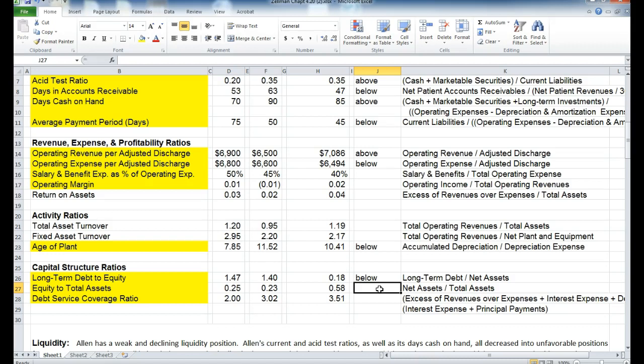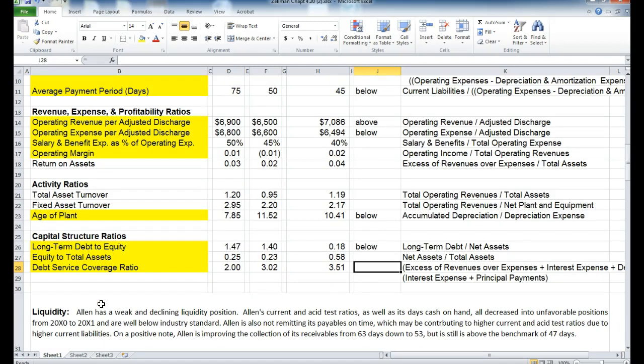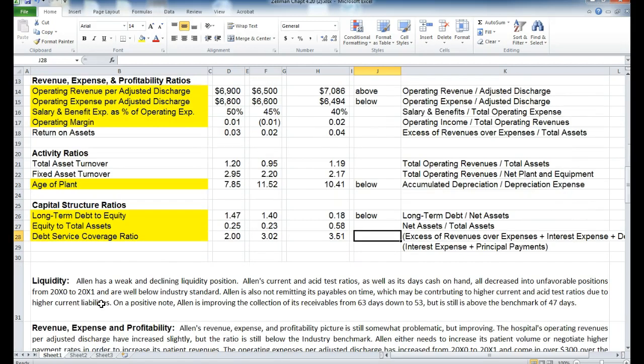And here we can see we are below. And here our debt service coverage ratio, we want to be above. And again, we are below. So related to whether we have the potential to borrow money, I would say they do not, because their capital structure ratios are opposite of the benchmark and trending even worse in most cases.